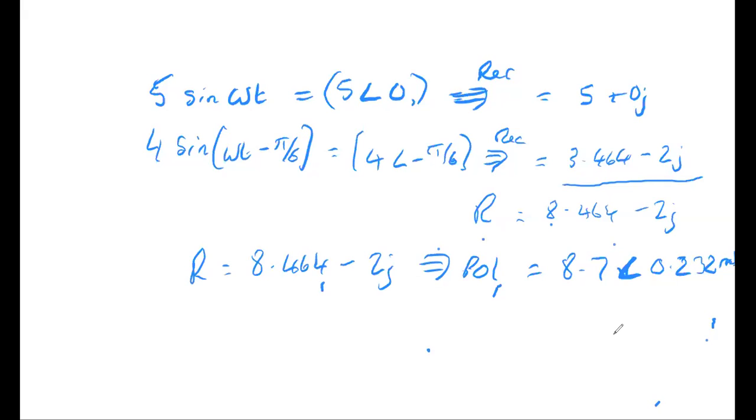So if we wanted to put that into its original sine form, that would be 8.7, because we converted back to polar now. 8.7 sine omega t, and this angle in here is minus 0.232 radians.